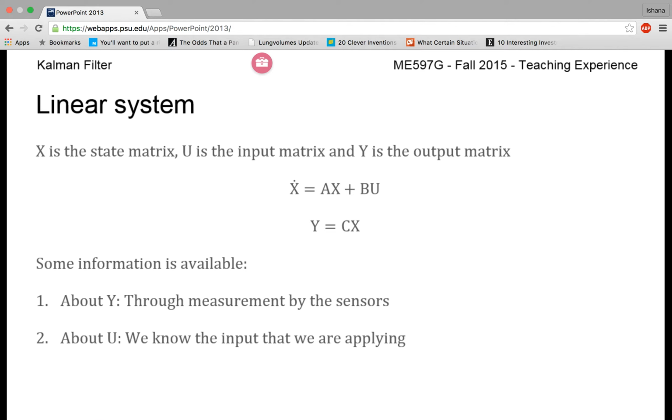All we know is it is probably what we estimated. So we say let's assume that is what the state value is, and then plug it in this equation. So the equation will then be the derivative of x hat equals A times x hat plus B times u. We do not estimate u since we know u, since it's the input that we're applying. And then we plug in the estimate of x in the output equation and get an estimate of the output.